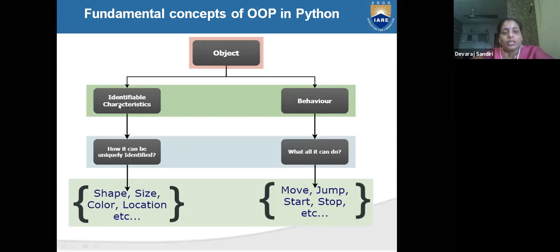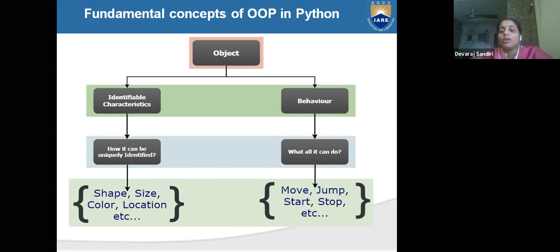See, an object has identifiable characteristics, and behavior. What is identification? It is how the object can be uniquely identified in the program; that uniqueness is called identifiable characteristics. And behavior means what the object can do.